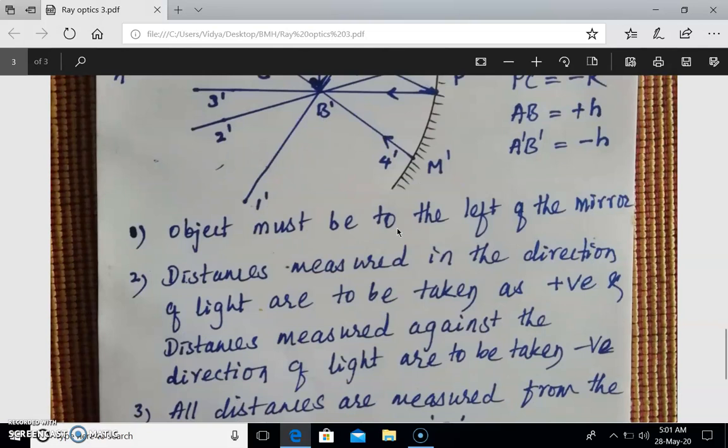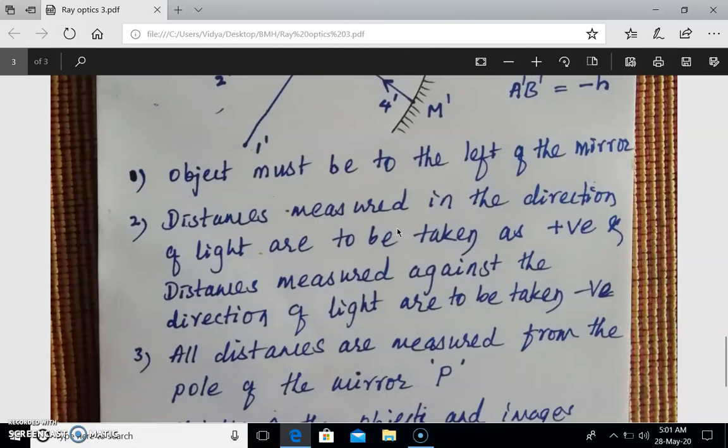Second convention is distances measured in the direction of light are to be taken as positive, and distances measured against the direction of light are to be taken negative.